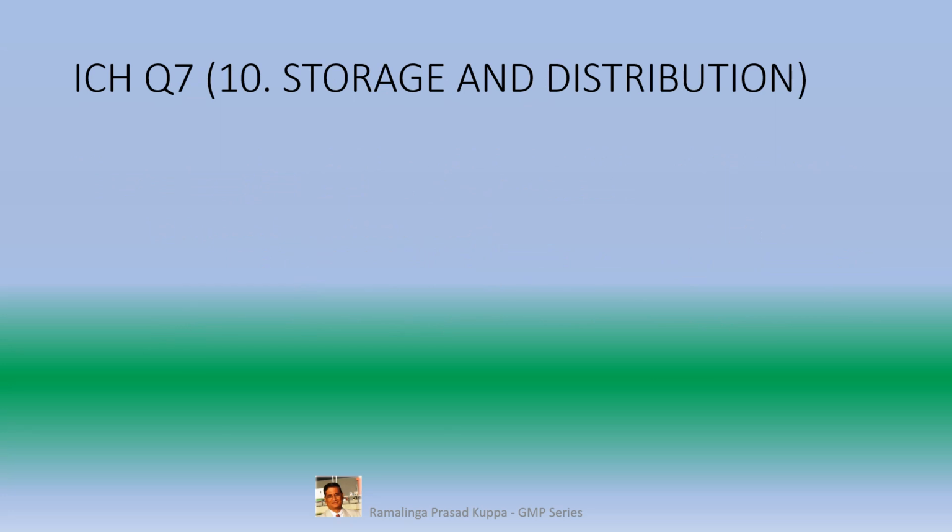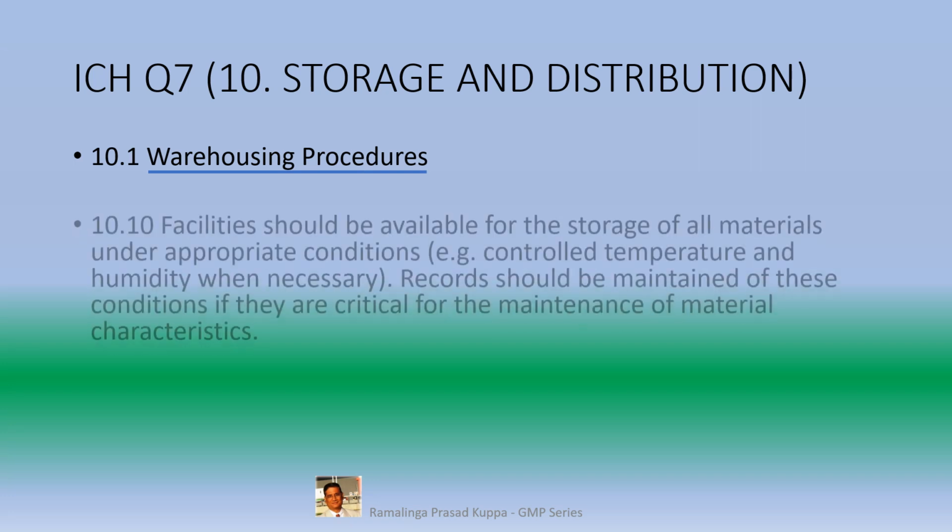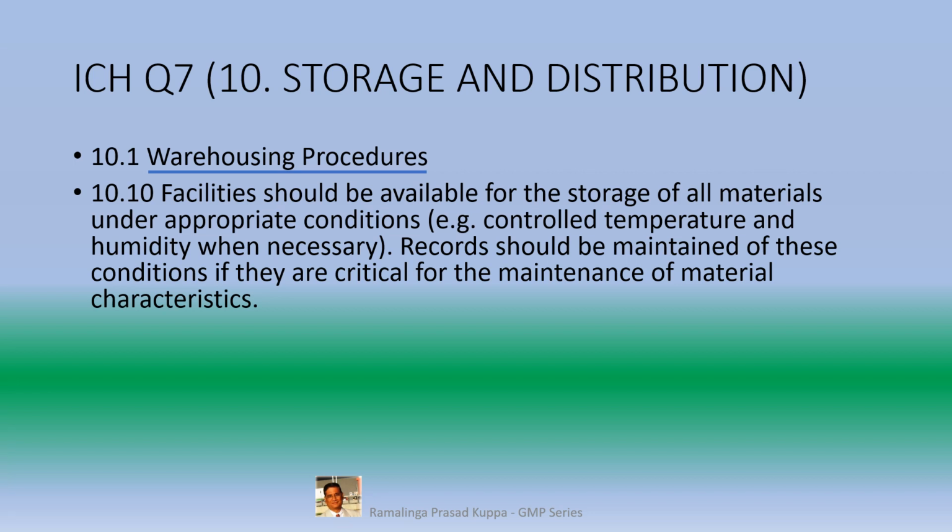ICH-Q7, Chapter 10, Storage and Distribution. Let us see the prescription of ICH-Q7 for APIs and intermediates. Section 10.1 is warehousing procedures. Section 10.10, facilities should be available for storage of all materials under appropriate conditions.